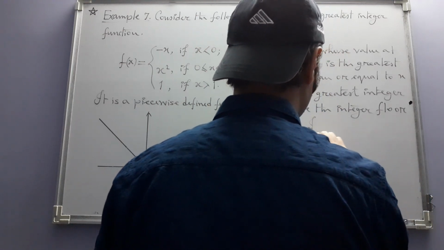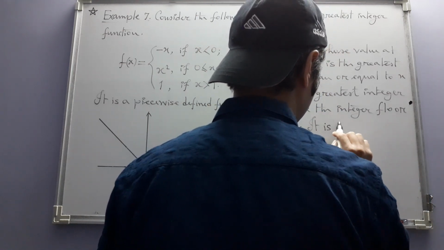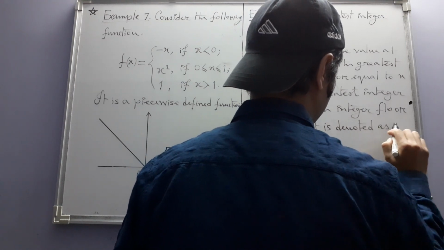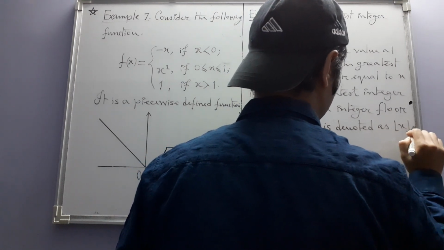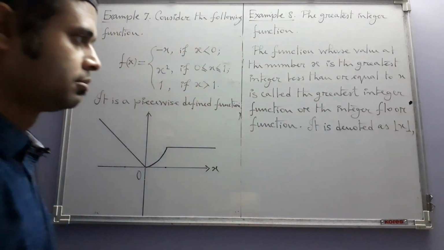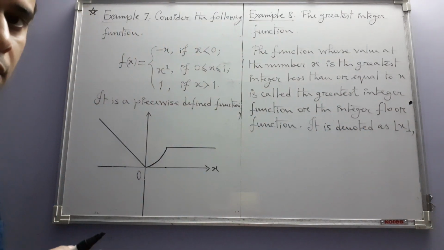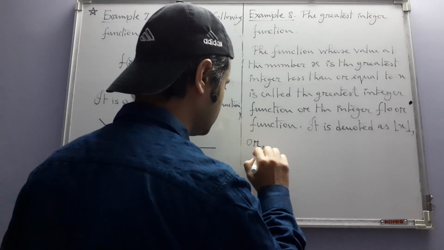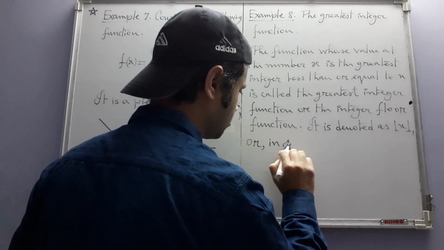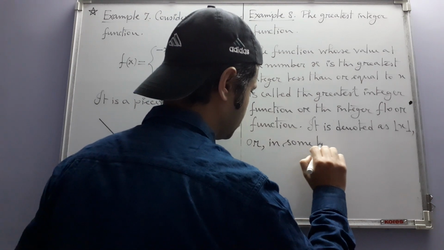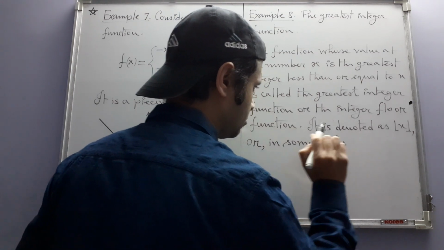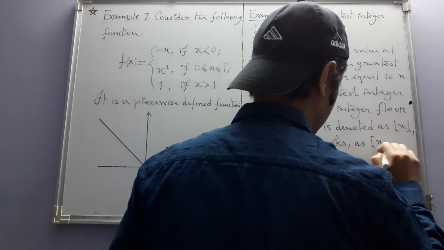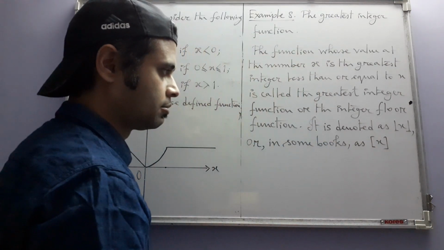It is denoted as this. That is the functional value at the real number x, or in some books as this.